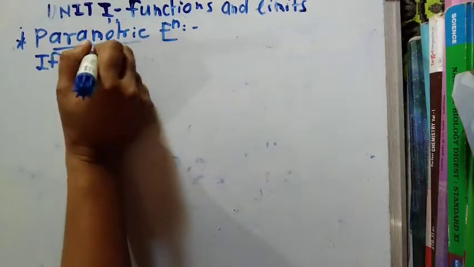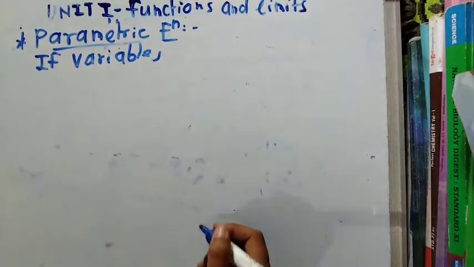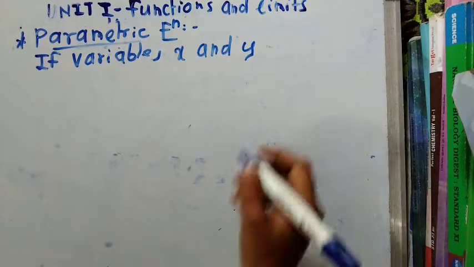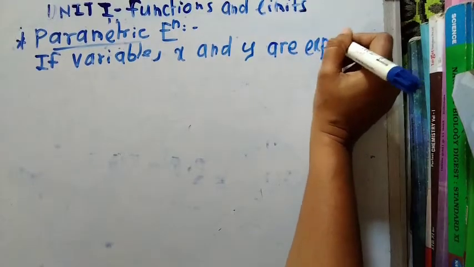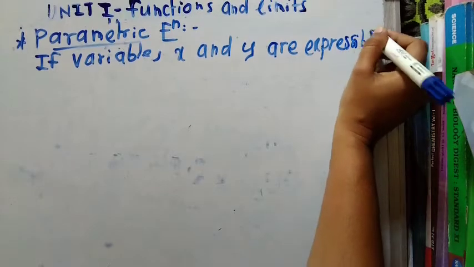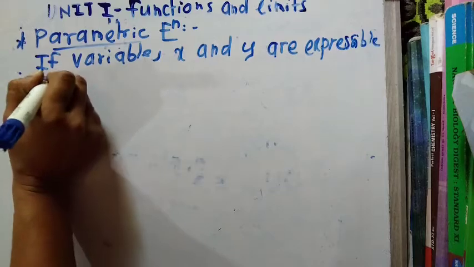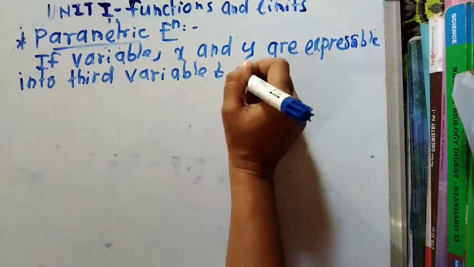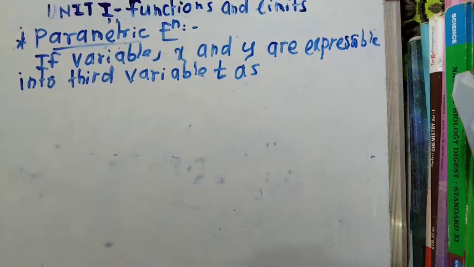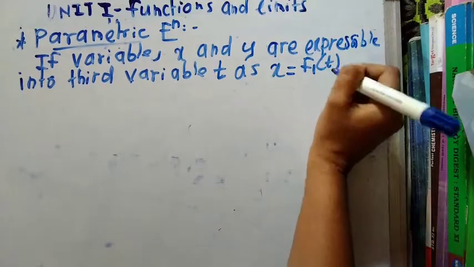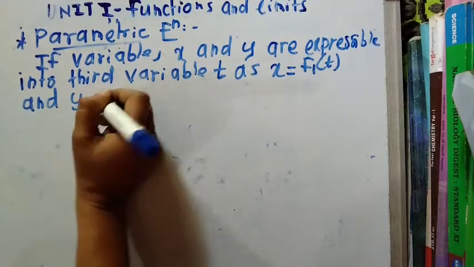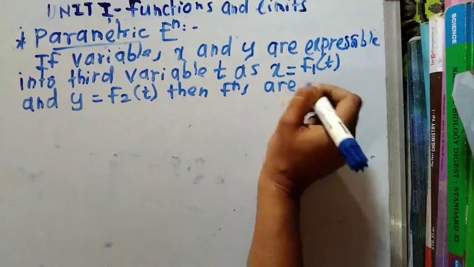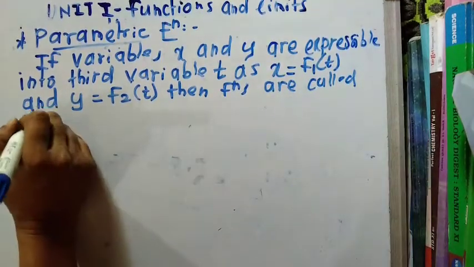If variables x and y are expressible in terms of a third variable t as x is equal to f1 of t and y is equal to f2 of t, then the functions are called parametric functions.